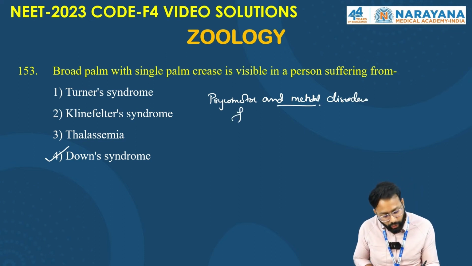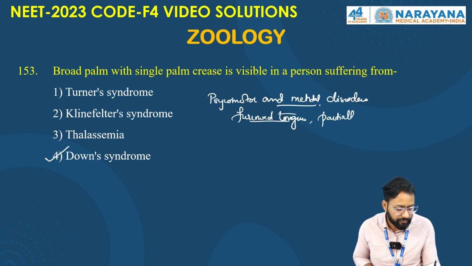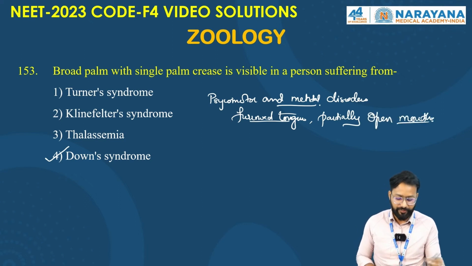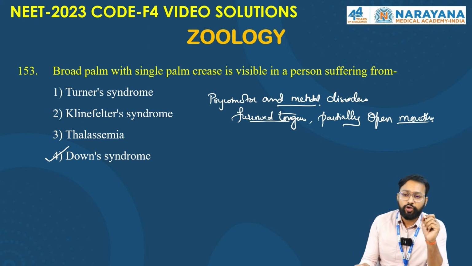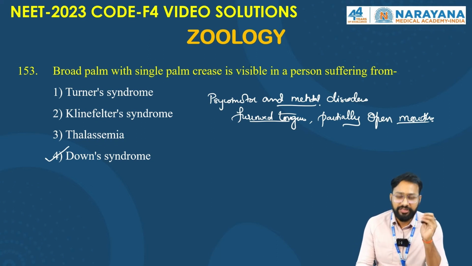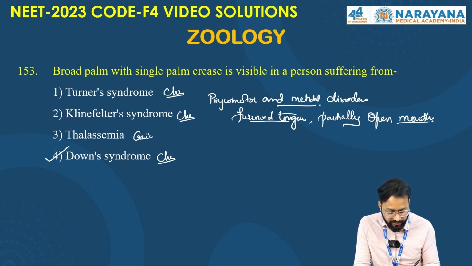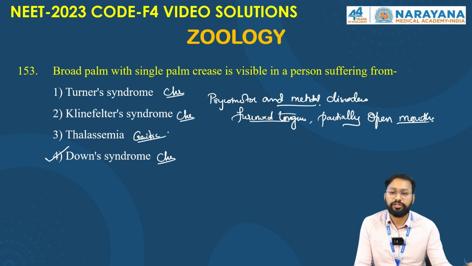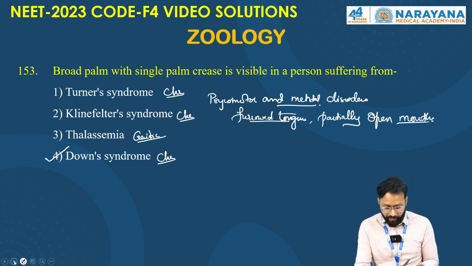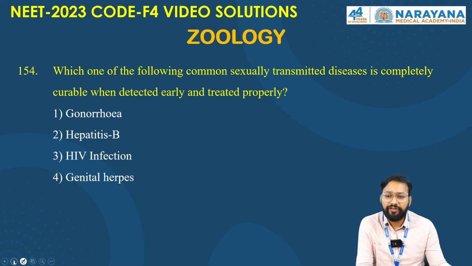Right, here furrowed tongue and partially open mouth is seen. Okay, Turner syndrome, Klinefelter syndrome and Down syndrome are chromosomal disorders, right, and thalassemia is a genetic disorder. Okay, moving on to the next question, question number 154.